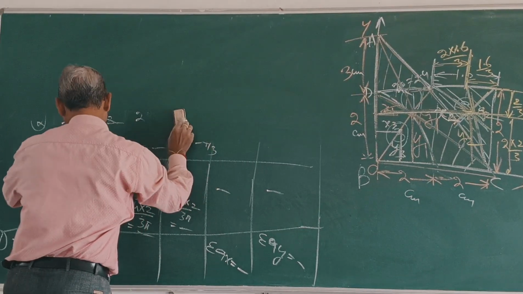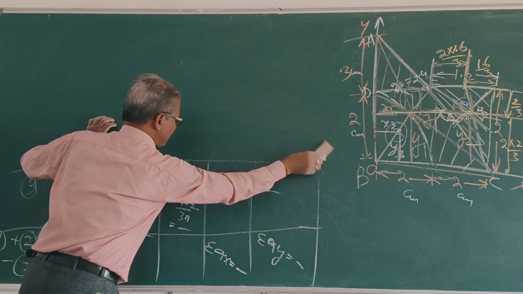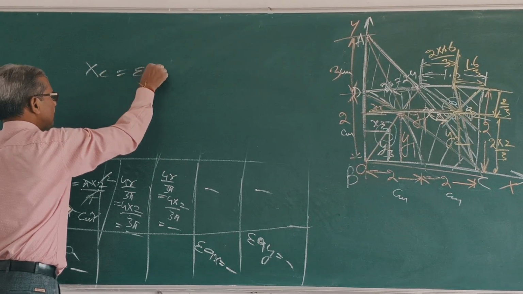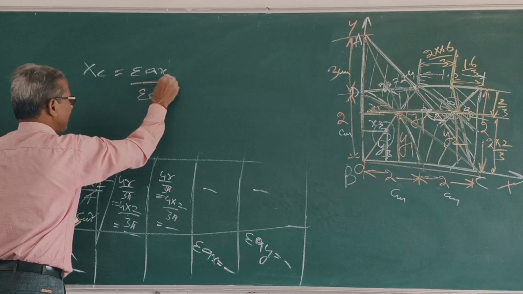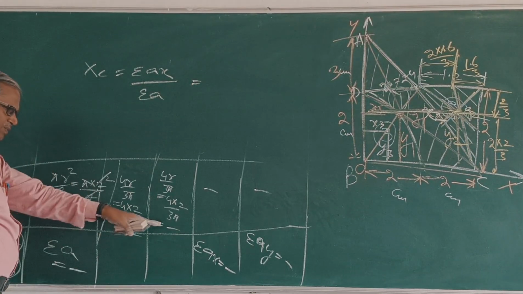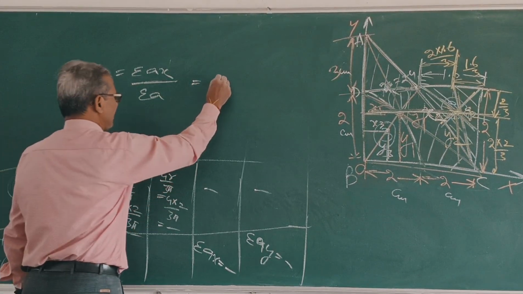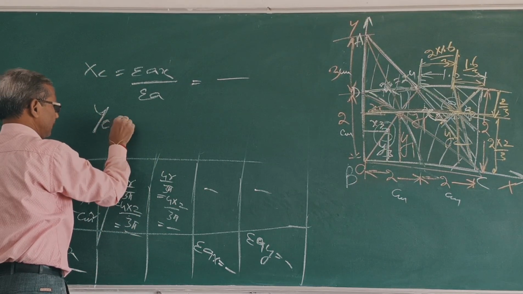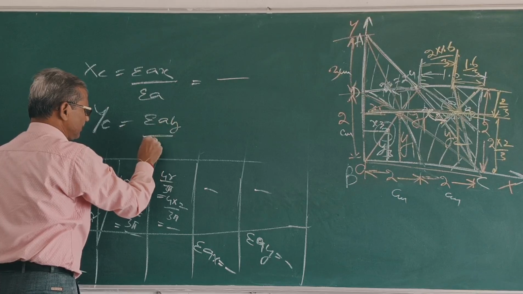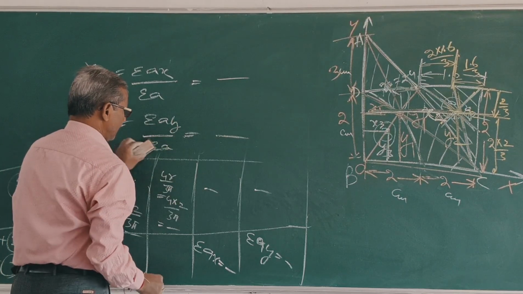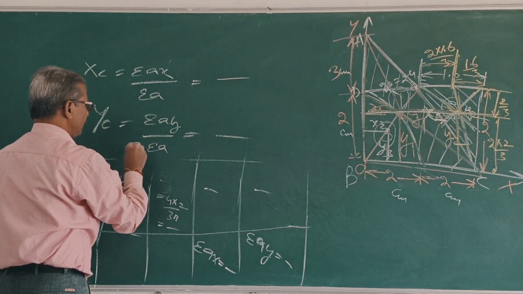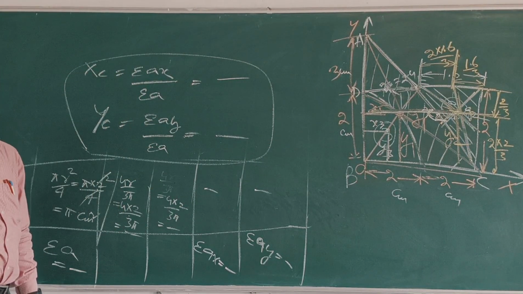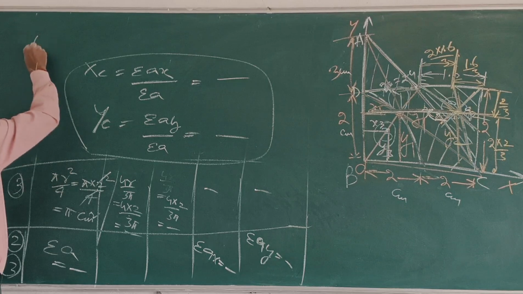Then xc, what is xc is equal to sigma x by sigma a. To find answer from this calculation, put here, get the answer. Yc, what is yc? Sigma ay by sigma a. Clear? So this is the answer. Use calculator and make the answer. Find the answer. This is question number 63.